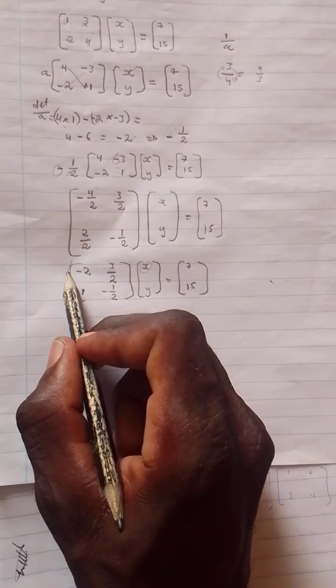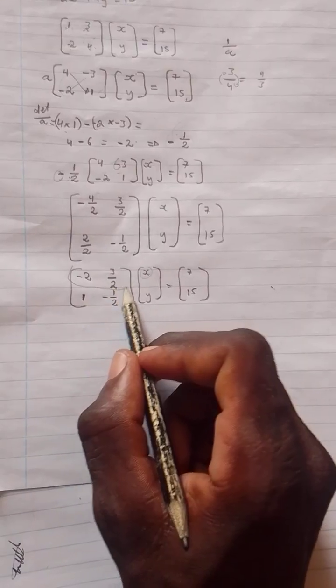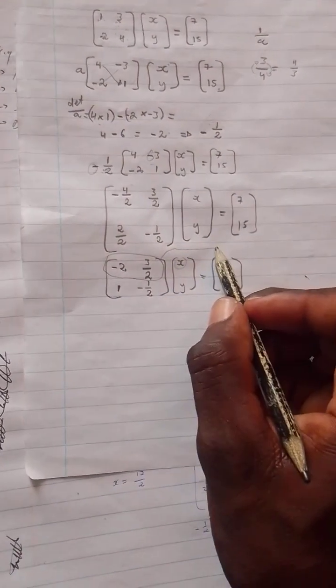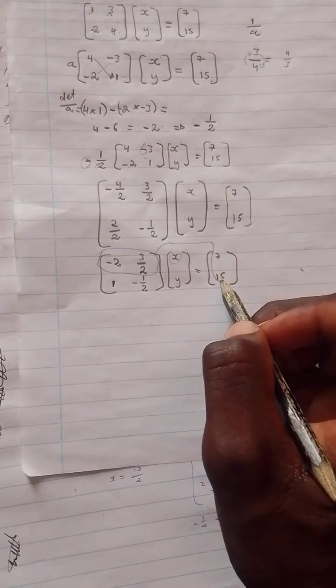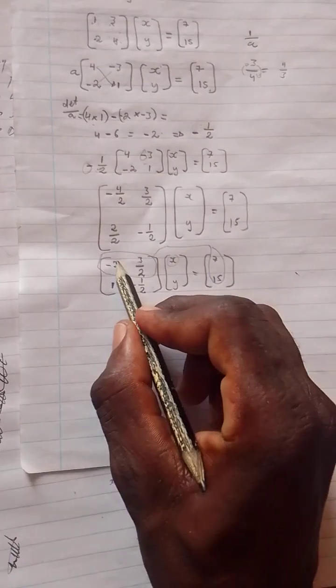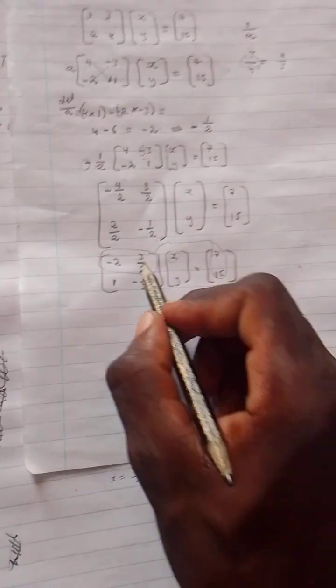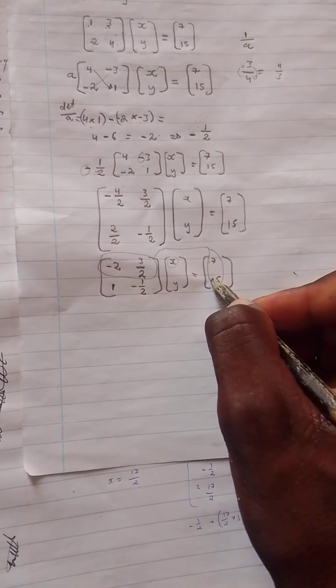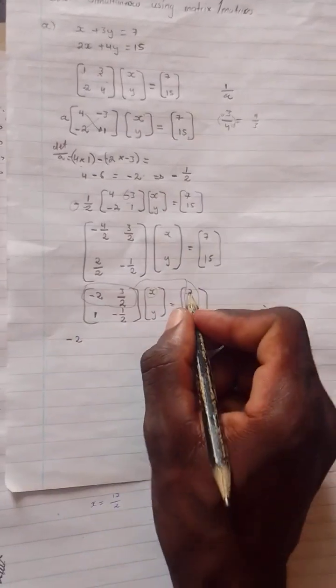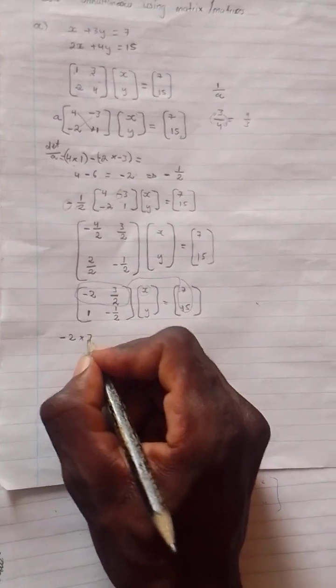We can take these two numbers and multiply them by this whole bracket, right? You can say this one times this one, and then this one times this one. Okay, you can say -2 times 7, close bracket.